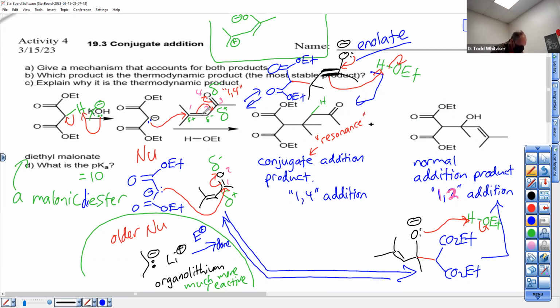When it's the conjugate base of an acid with a pKa of 10, like this thing, it's stable by itself, okay? When you're the conjugate base of an acid with a pKa of 50, you are not stable in any way, shape, or form, okay? So, because you've allowed equilibrium to happen here, you go all the way to the end, because this is also equilibrium, and this is also equilibrium, and I don't know how to get that one to go backwards, but that's pretty good.